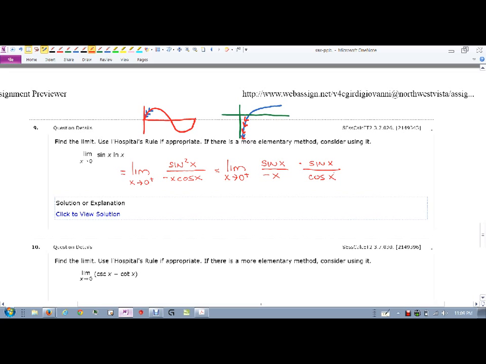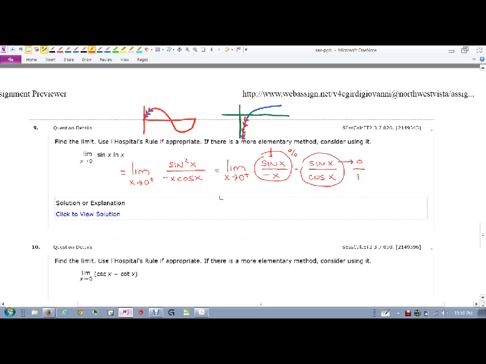And if I look at these separately, I know that this is not a problem, because the top goes to 0, the bottom goes to 1, and that's just 0. But this one, I have to think about what happens here. I get 0 over 0. So why don't I just do L'Hopital on just this piece right here to see what really happens to it.